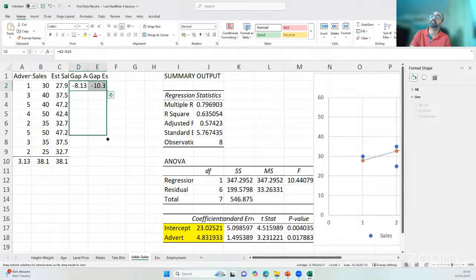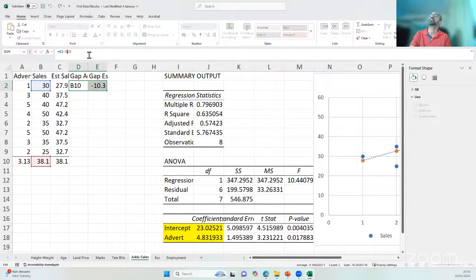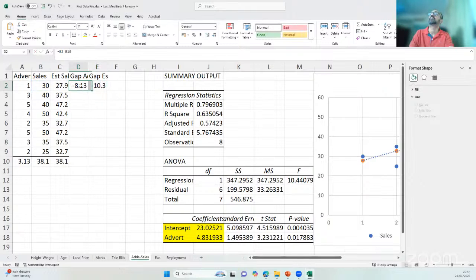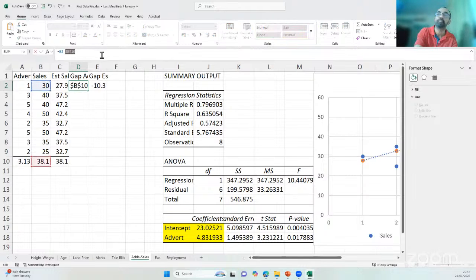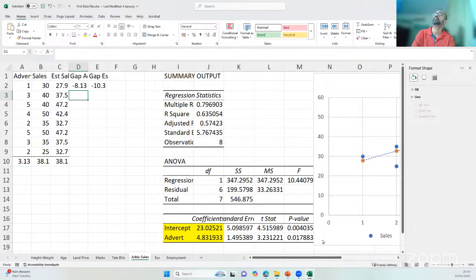Then if I copy this, I cannot copy. I should put dollar signs to copy. So I press F4 here, dollar signs for that. F4, enter.